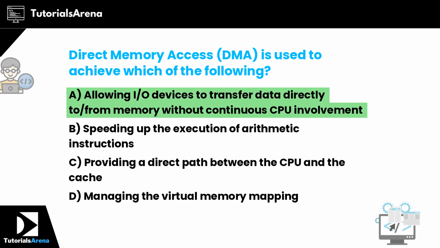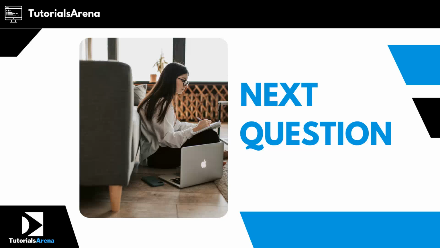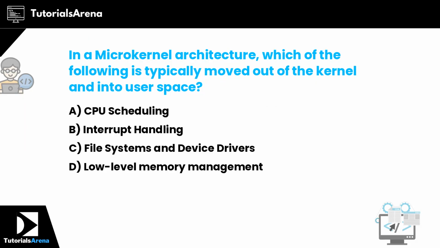The correct answer is option A, allowing I/O devices to transfer data directly from memory without continuous CPU involvement. In a microkernel architecture, which of the following is typically moved out of the kernel and into user space? The correct answer is option C, file systems and device drivers.